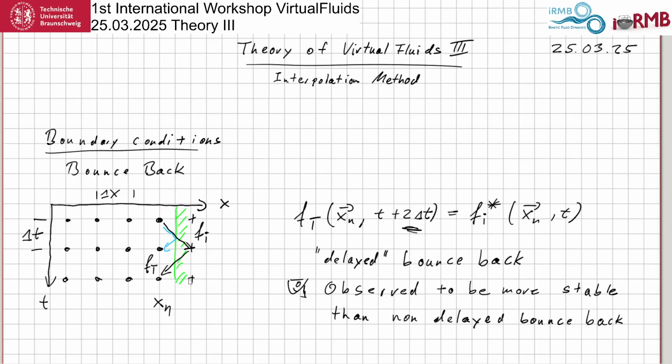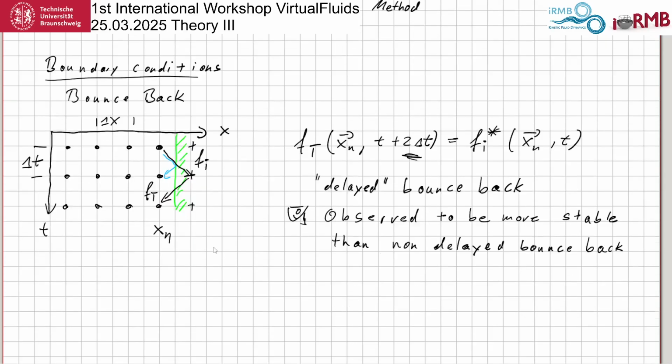There is one stupid practical reason why you would like to do it this way, and the reason is because this is for free. So if you use esoteric twist, then this does what Martin likes to call implicit bounce back, and it's actually implicit delayed bounce back.